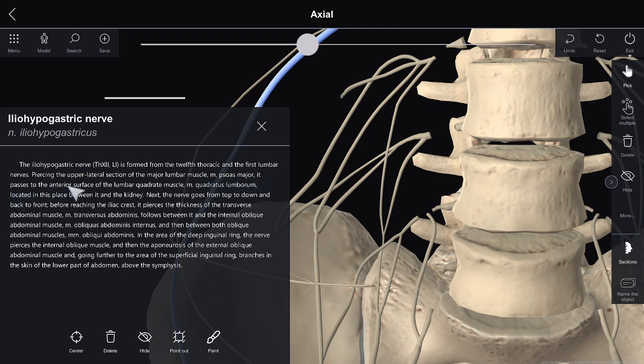It passes to the anterior surface of the quadratus lumborum muscle, located in the place between it and the kidney. Next, the nerve goes from top to down and back to front before reaching the iliac crest.